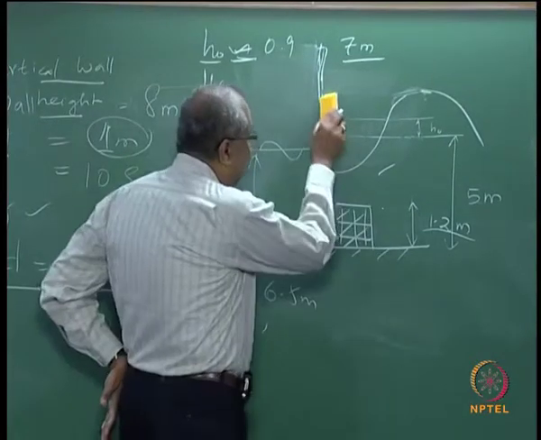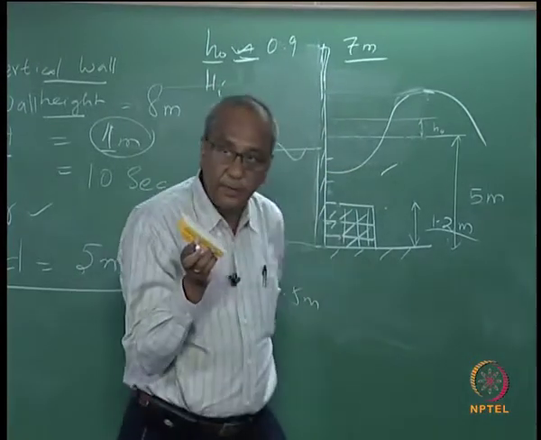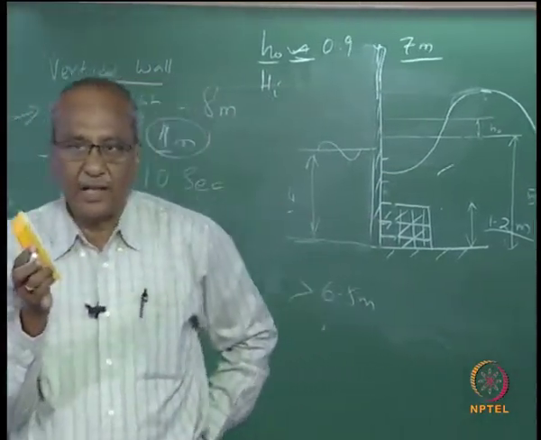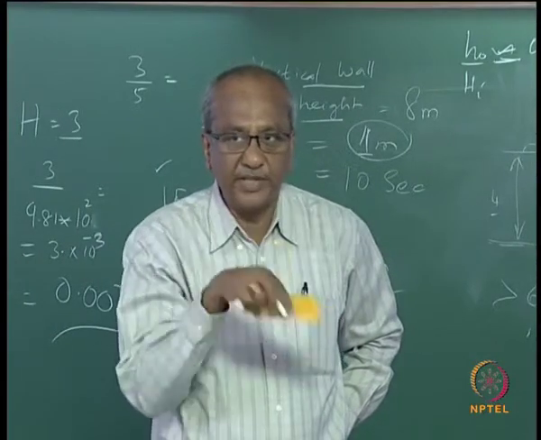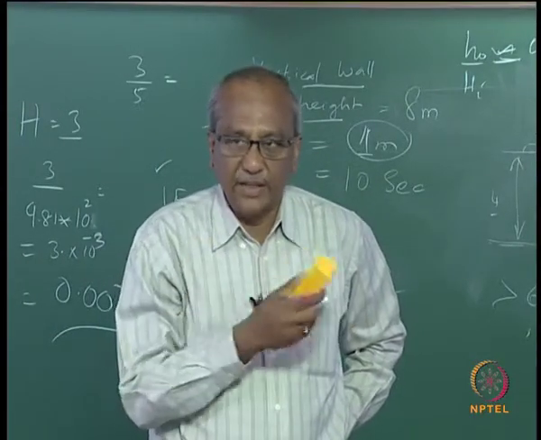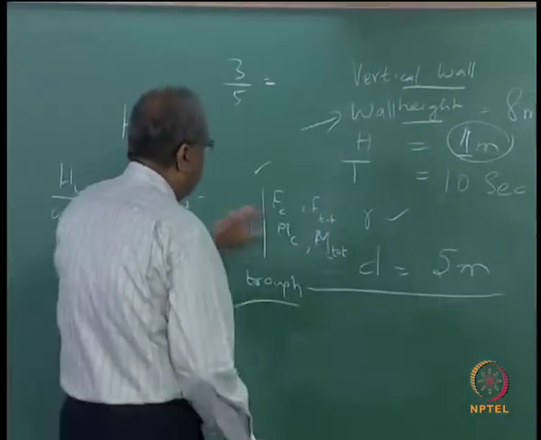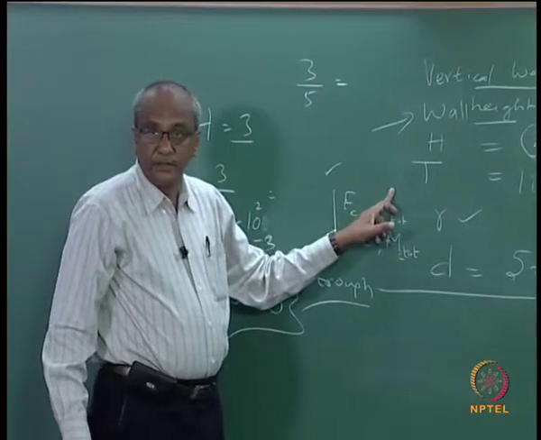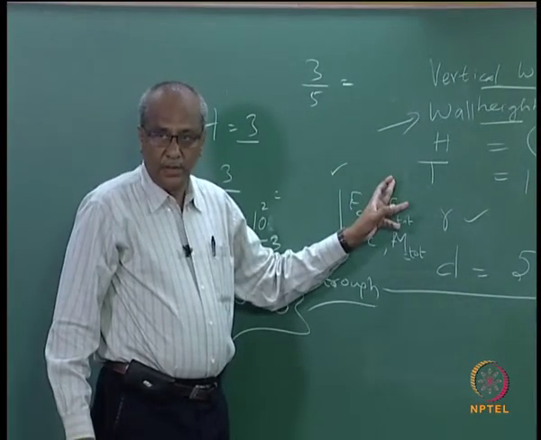When the trough is here, there is a reduction of force. It will not be the same as that due to non-breaking waves, because you are having a submerged structure. How much is the reduction? That reduction is also dependent on the wave characteristics. All these wave characteristics come into the picture.